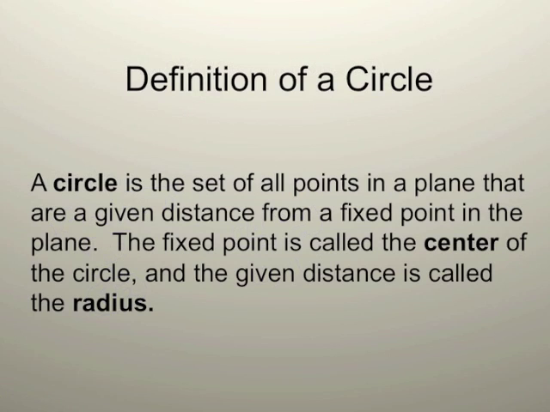We're also going to talk about circles. The definition of a circle is the set of all points in a plane that are a given distance from a fixed point in the plane. The fixed point is called the center of the circle, and the given distance is called the radius.